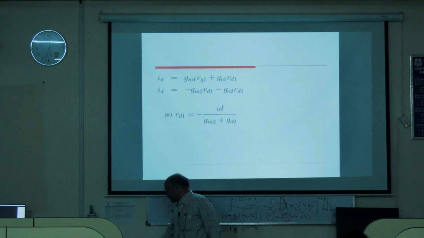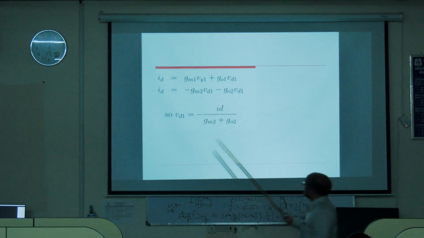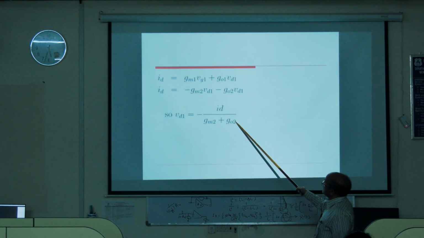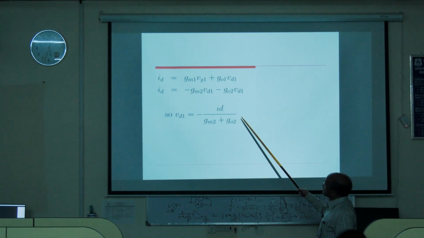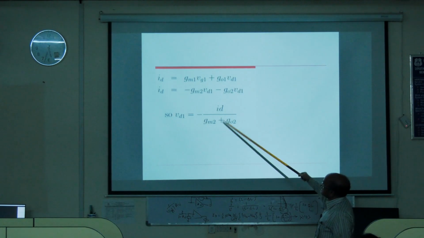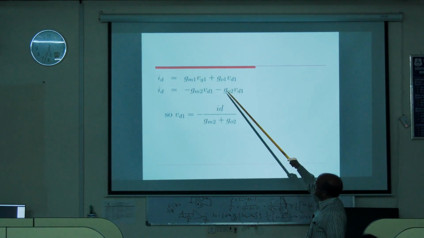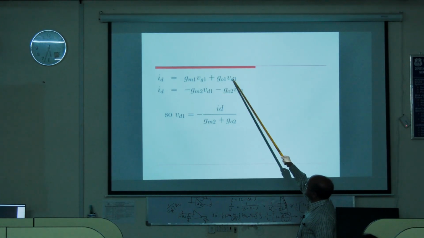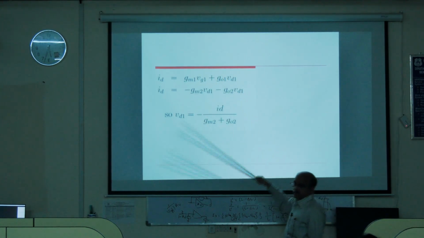See what I have done from here. I have calculated VD1 is equal to minus ID by GM2 plus G02 from this. So this I will substitute in the place of VD1.